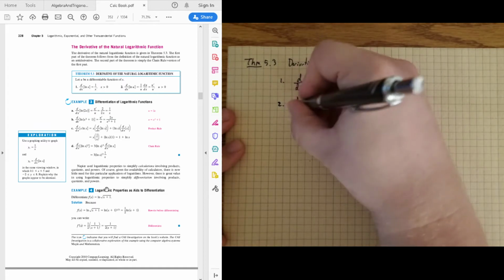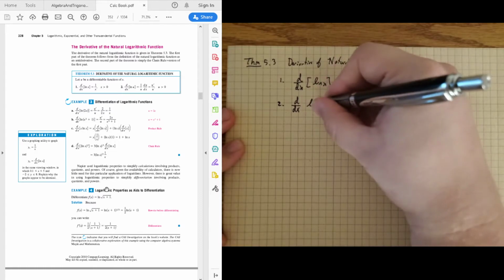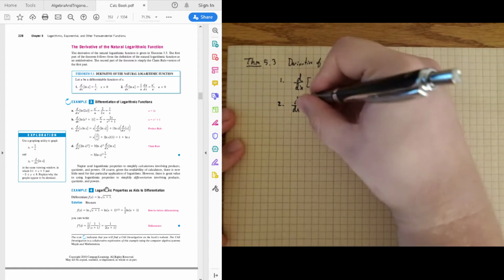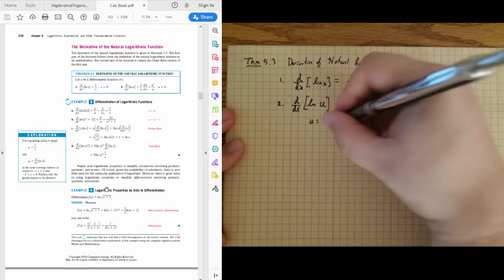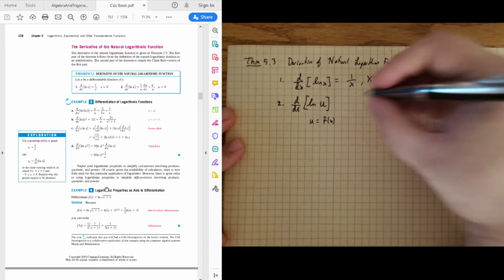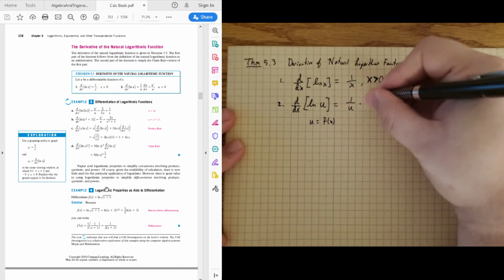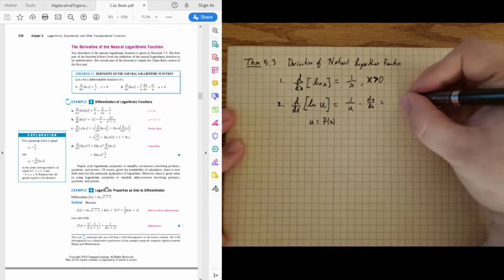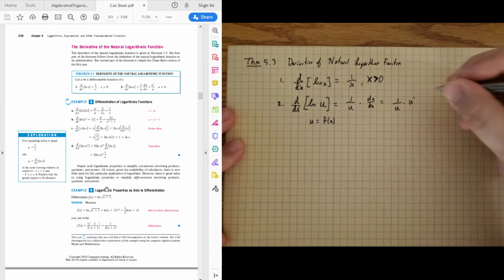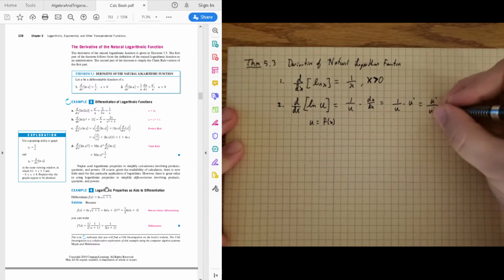If I have the derivative with respect to x of ln of u, in this case, u is supposed to be some function with respect to x, it is going to be equal to 1 over u times the derivative of u with respect to x, or 1 over u times u prime, or as we prefer to call it, u prime over u.